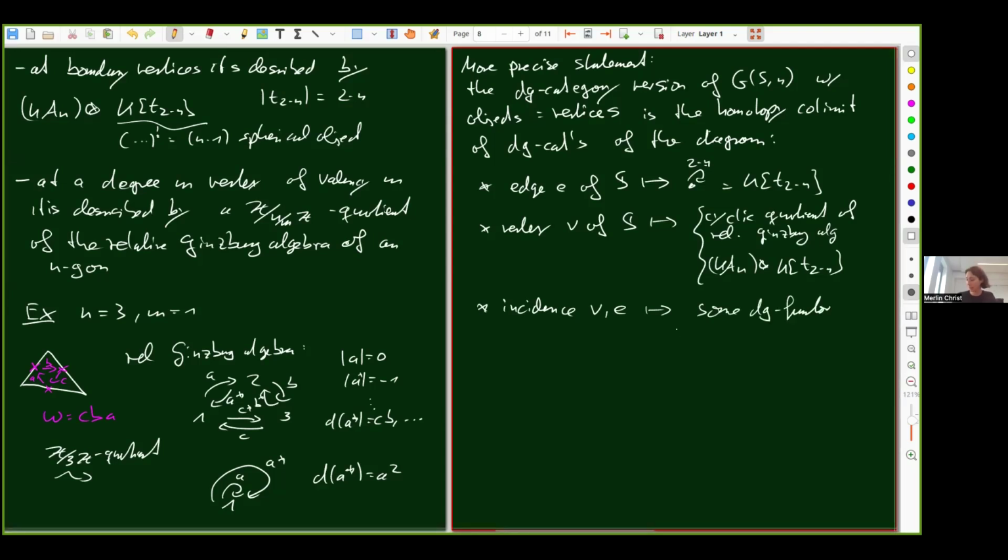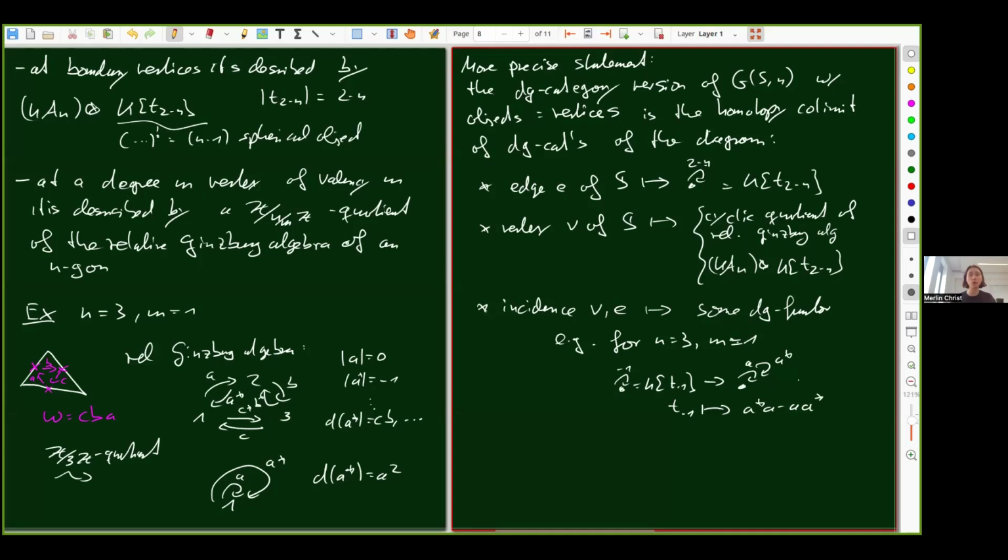Let me just tell you in an example. For n equal to 3 and m equal to 1, you have k[t, t^-1] going to this algebra we have on the left, and this would map t minus 1 to a star, a minus a star. This is a degree minus 1 element of the path algebra.